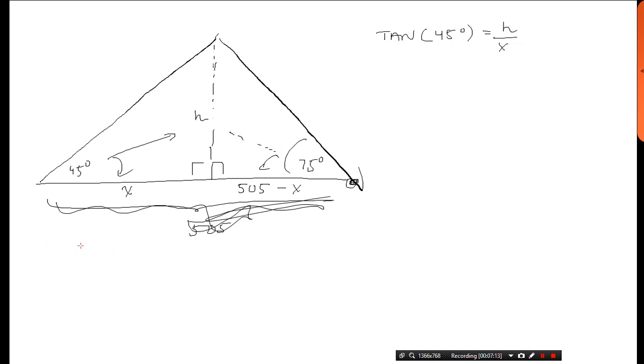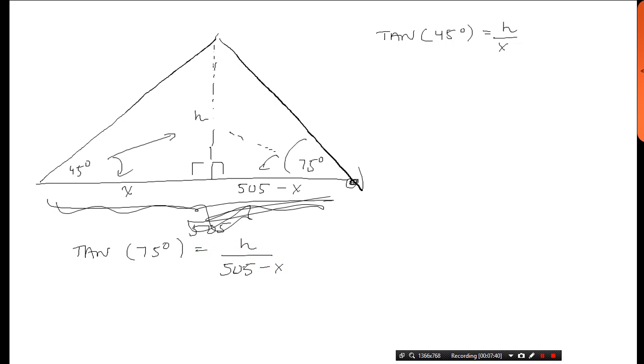The tangent of 75 degrees is h over 505 minus x. Good news. The good news is this is just a system of equations. After I show you this, I'm going to show you one more way that we can make life good for us.